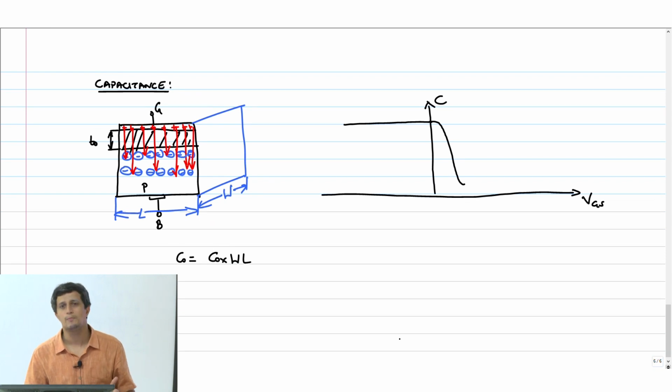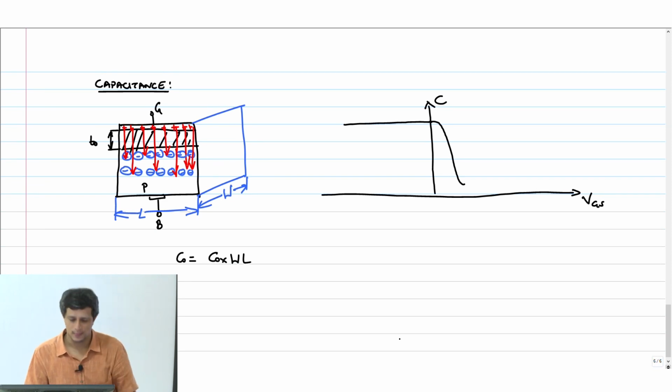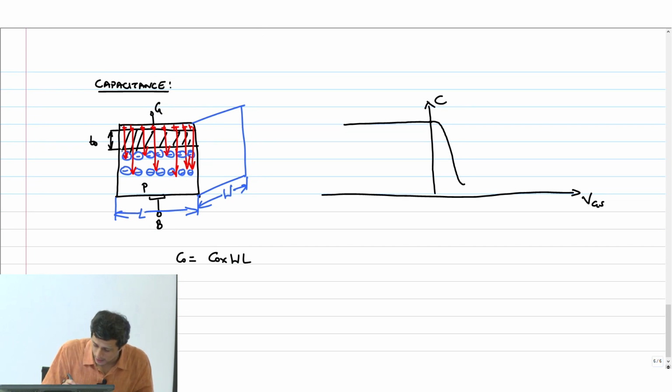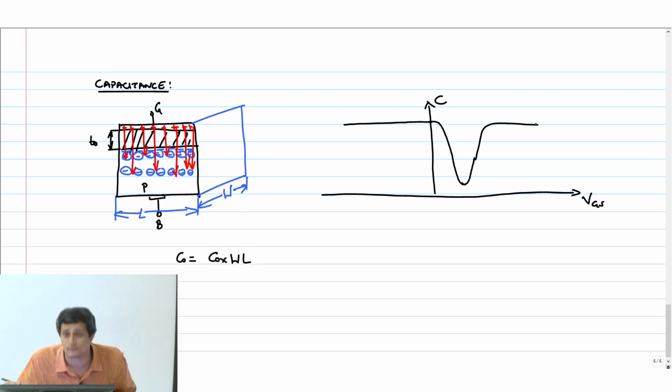Now, at some point the surface charge density starts increasing again, and when you reach inversion mode, the surface charge density will be so high that I have been able to terminate all the electric field almost at the surface. So, therefore, the capacitance will now simply go back up to this old value that we had. This is just a sweep of capacitance versus VGS.